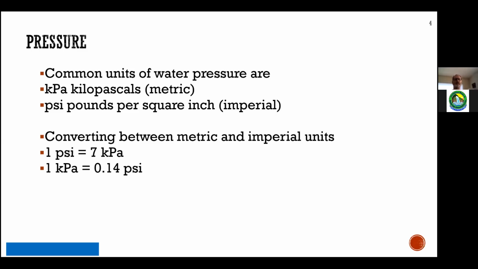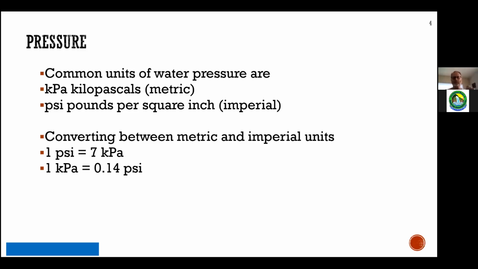The conversion there, converting between metric and imperial, basically 1 PSI is the equivalent of 6.89 kPa. And the reverse then, 1 kilopascal is the equivalent of 0.14 PSI. And remember, those units measure the same thing.